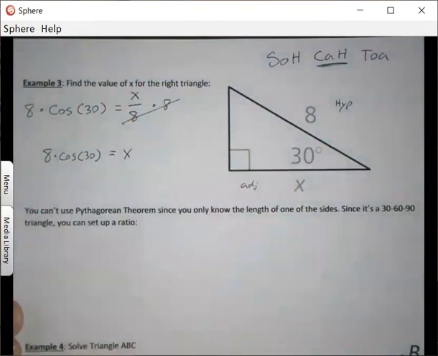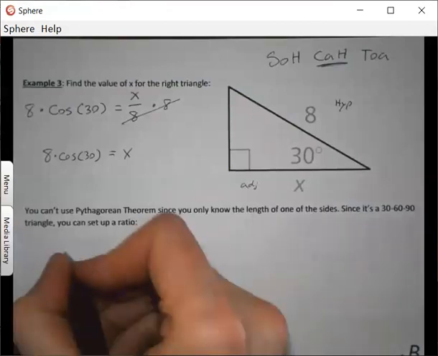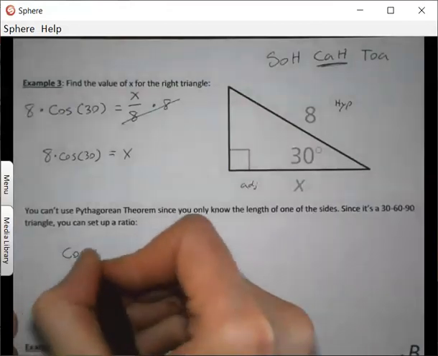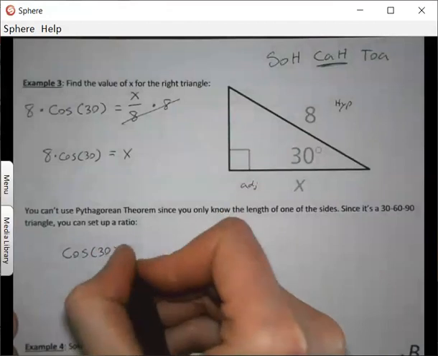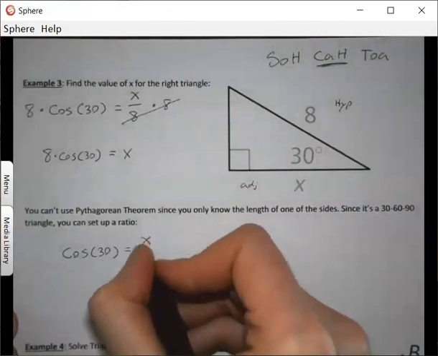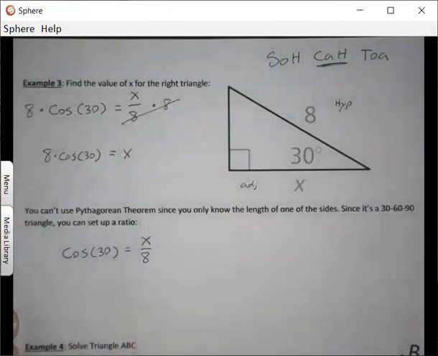Now, this is a valid answer. This does have a value. You can put this in a calculator, but it's not a nice answer. So we're going to do this one other way to get a nicer number. So we're still going to use our cosine of 30 is equal to x over 8. We're also going to go back to our special right triangle.